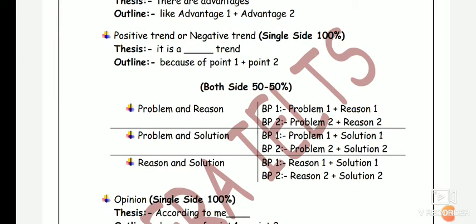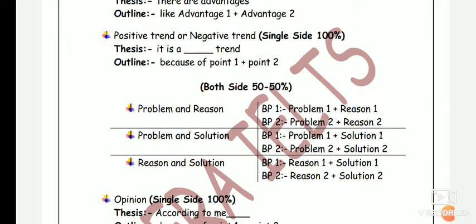For that you can clearly see there are at least three types of it: problem, solution, and reason, or you can say reason, problem, and solution. They will be dividing these three categories into 3-1. Like they will be asking you about what are the problems and the reasons. Okay, for that you can write in the BP1 problem 1, and along with it you can attach the reason 1.